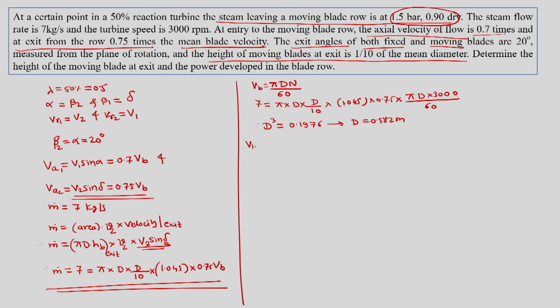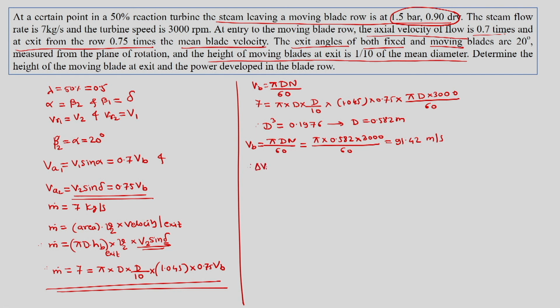Knowing this mean diameter, we can find out VB, which is pi D N by 60, so pi into 582 into 3000 divided by 60, and this is 91.42 meters per second.